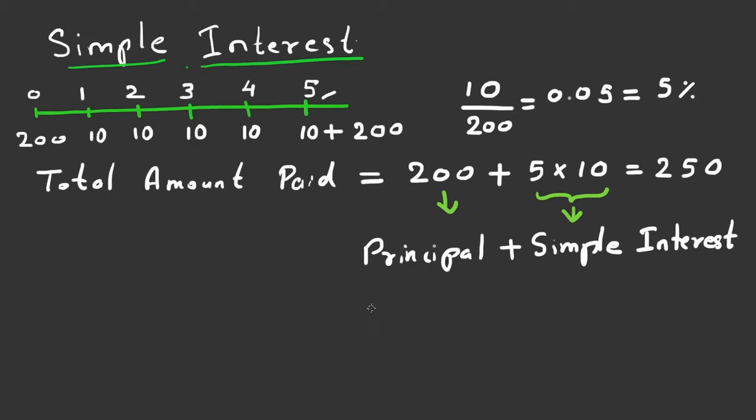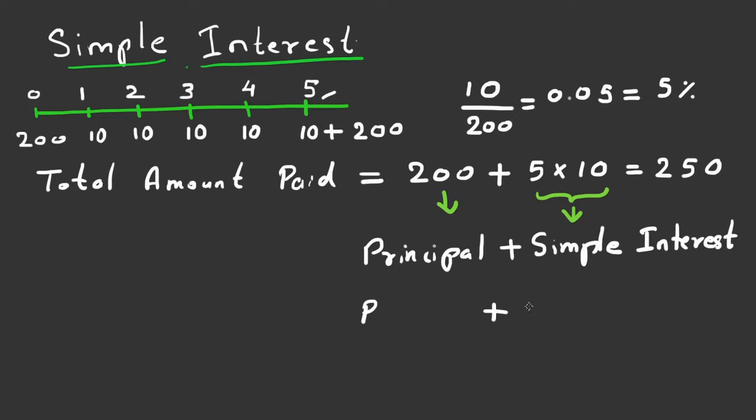Principal we know it is the same, principal P. I am denoting this as P. And now what is simple interest? Look at this case. What is 5? 5 is the number of periods in our case.